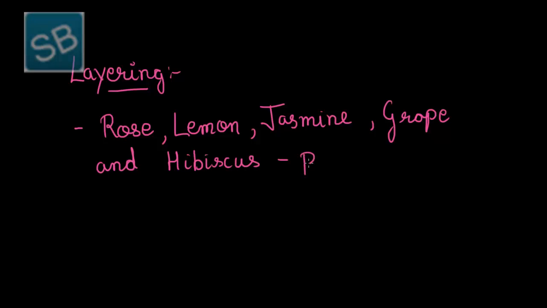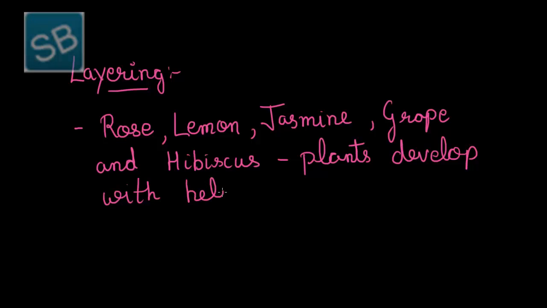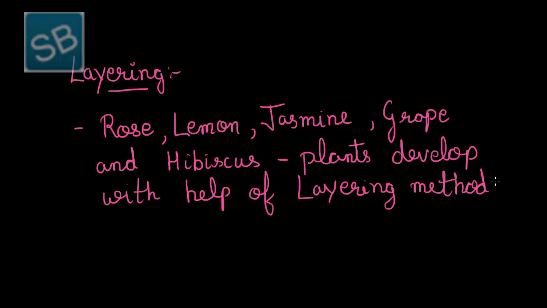Thus, these plants develop with the help of the layering method. But how is this process executed? This figure depicts how a plant can be cultivated or obtained with the help of the layering method.